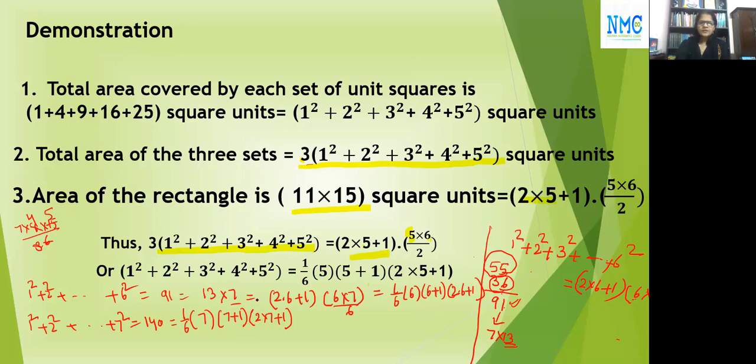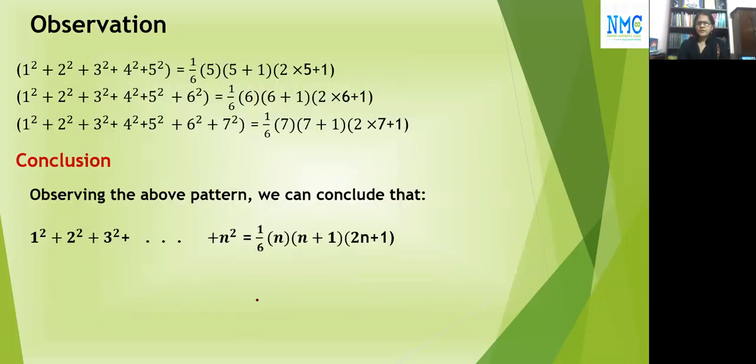Now let's observe. Our observation from these 3 cases is like this: 1 square, 2 square, up to 5 square. It means the sum of the squares of the first 5 natural numbers is equal to 1 by 6 of 5 into 5 plus 1 into 2 into 5 plus 1.